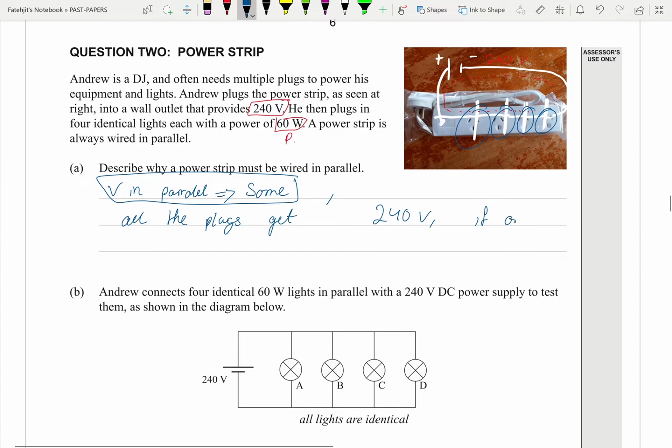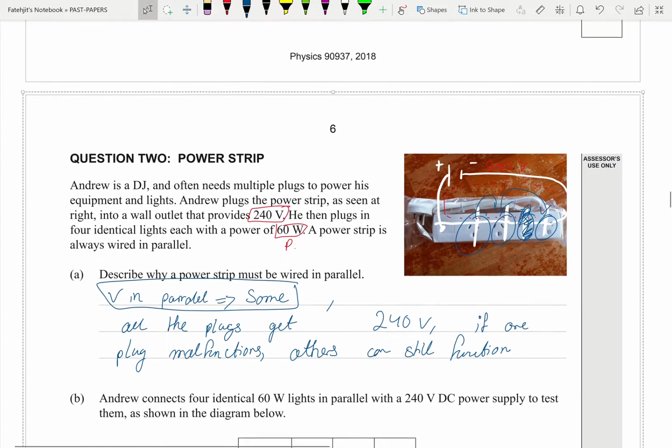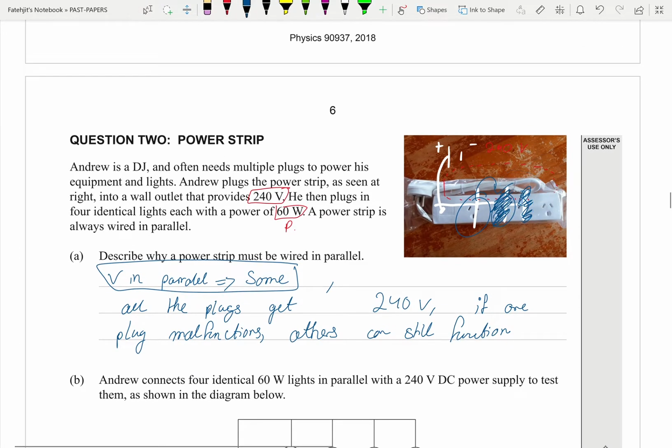Therefore, if one plug malfunctions, so basically if, say, the second one breaks down, the third one, the fourth one and the first one will still have the same voltage to function, so they'll still be usable. Others can still work. And this is really important, make that clear.